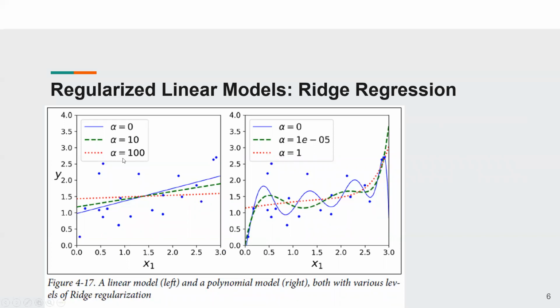And then when alpha is 100, which is much bigger than 0 for sure, you can see that the dotted red line almost shows a 0 slope. It's driving the coefficient, especially the slope, close to 0.